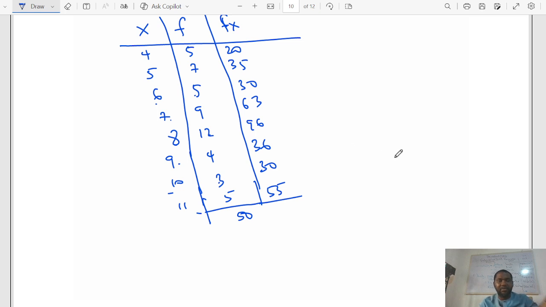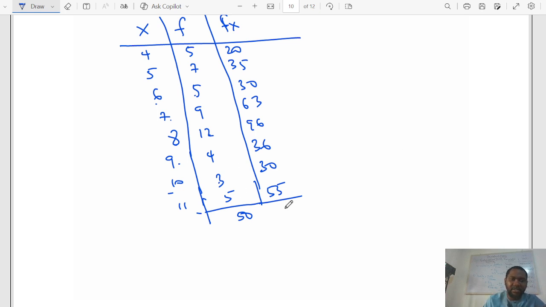Then let me use my calculator to check this out. We have 20 plus 35 plus 30 plus 63 plus 96 plus 36 plus 30 plus 55.